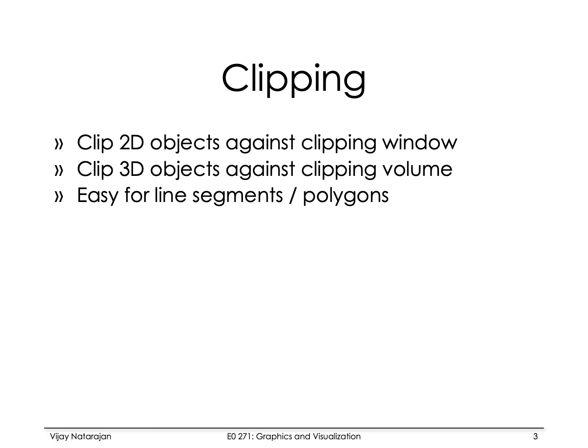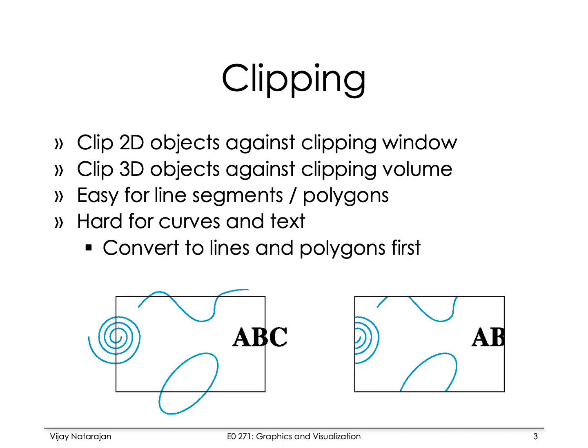The techniques are actually easy for line segments and for polygons. They of course become difficult when you want to handle curves and text. One easy way to handle curves and text is to convert them into lines and polygons and apply the previously developed algorithms. So here is a pictorial representation of what clipping essentially produces.